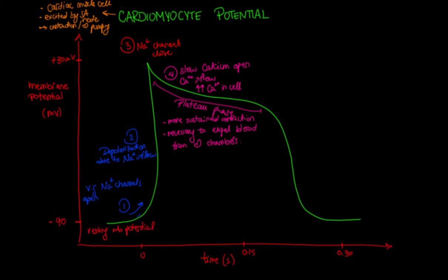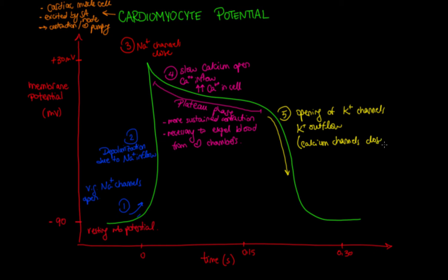And then finally we have our last phase, number 5, repolarization. This is repolarization due to the opening of potassium channels, which results in potassium outflow. At this time, calcium channels close, and calcium is transported back out of the cell.